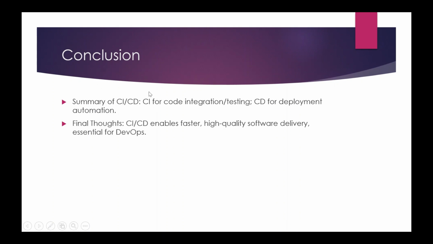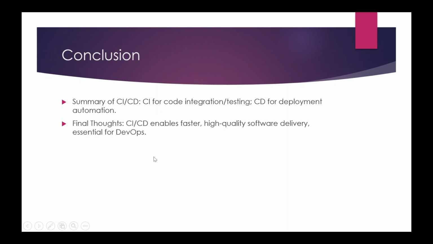We use CI for code integration testing, and we use CD for deployment automation and releasing our software to the different set of environments like dev, staging, pre-production, and production.